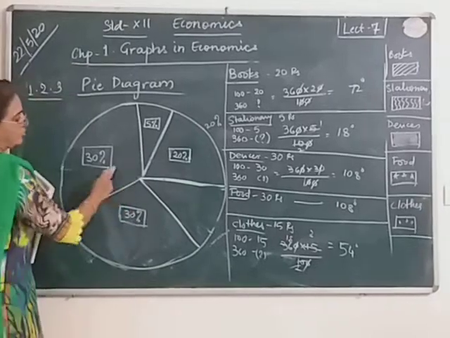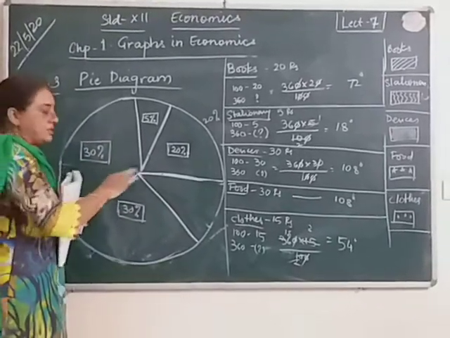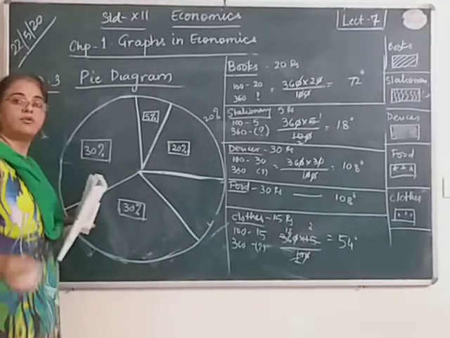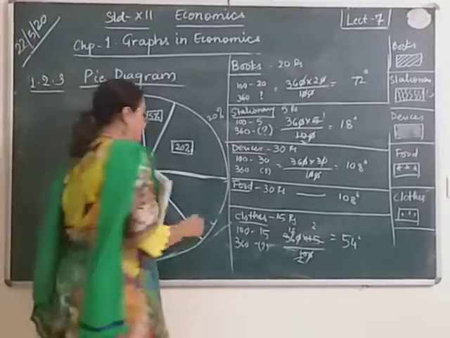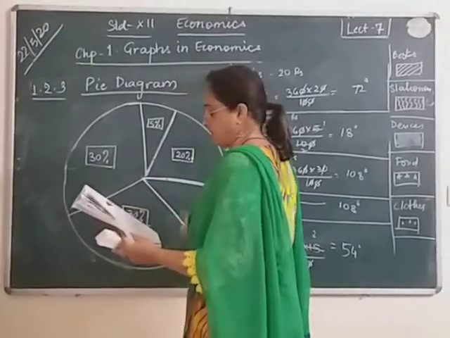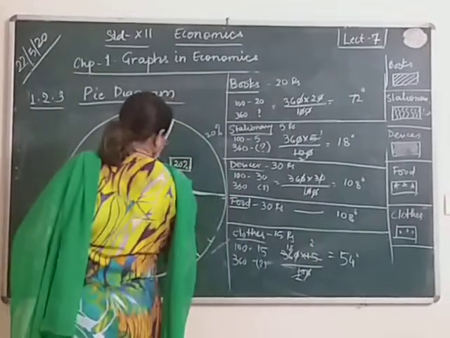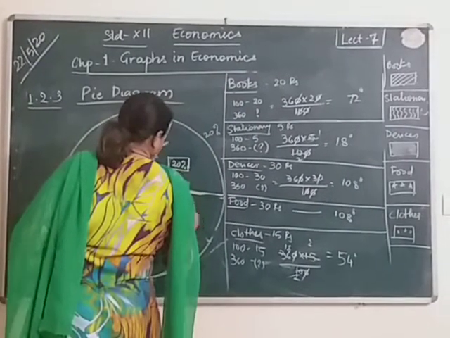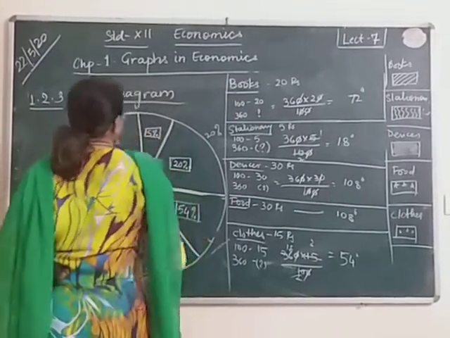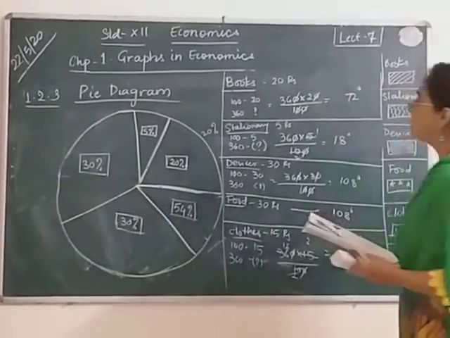Now this too has to be same. It may not look equal here because I am just tentatively drawing, but if you use a protractor, you can get the exact area. So this is 108 again, and this is your 54, that is clothes. Now you get these 5 areas.